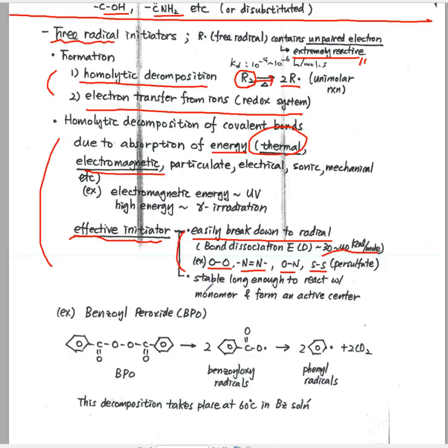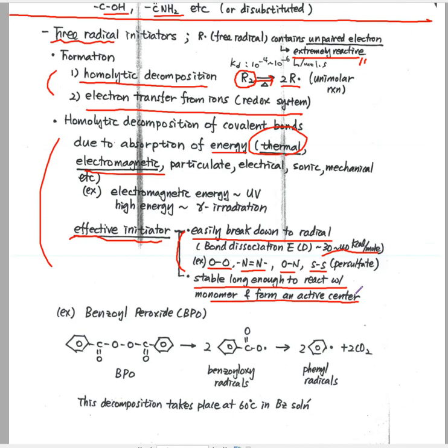Furthermore, that compound should be stable long enough to react with monomer and form an active center, which means that after you form radicals, we learned that radicals are extremely reactive. Since they are extremely reactive, they could just react with each other and form a non-radical compound immediately, right?